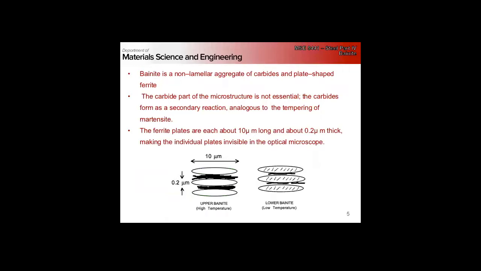Right. But as I mentioned before, this is a non-lamellar plate-like aggregate of ferrite. So especially in upper Bainite, we get these ferrite laths with the carbides in between. And the important thing is the carbides are not essential, right? So the main thing with the Bainite reaction is the forming of the ferrite, and the carbides actually appear by diffusion later.